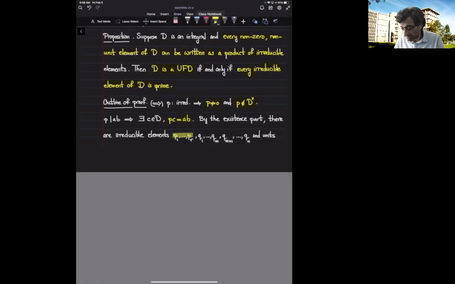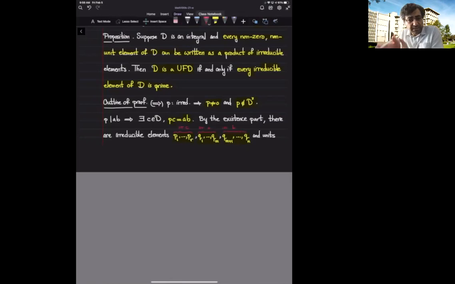Suppose the P sub i's are irreducible factors of C, the Q sub i's from Q sub 1 till Q sub n are irreducible factors of A, and then from Q sub n plus 1 till Q sub n are irreducible factors of B. So again, these are irreducible factors of C, then I have irreducible factors of A and irreducible factors of B.